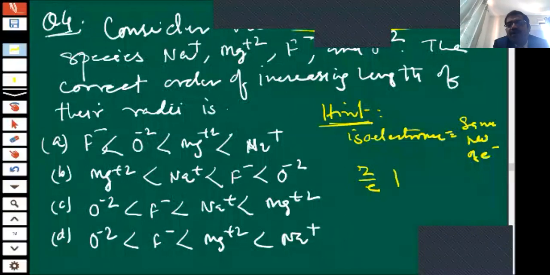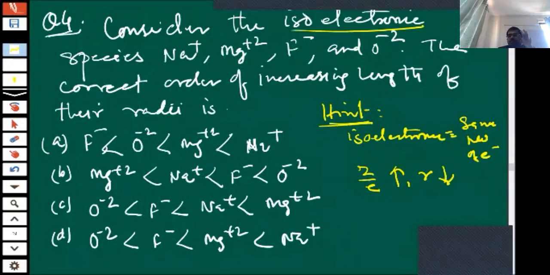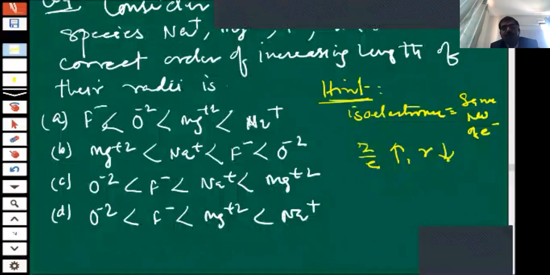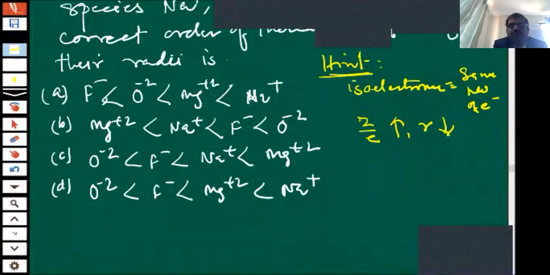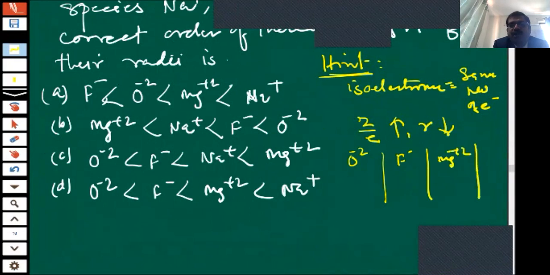If Z by e value is greater, then the radius will decrease. Now calculate. You calculate for O-2, then for F-, then for Mg+2, and then for Na+, because in every option only these 4 particles are there.